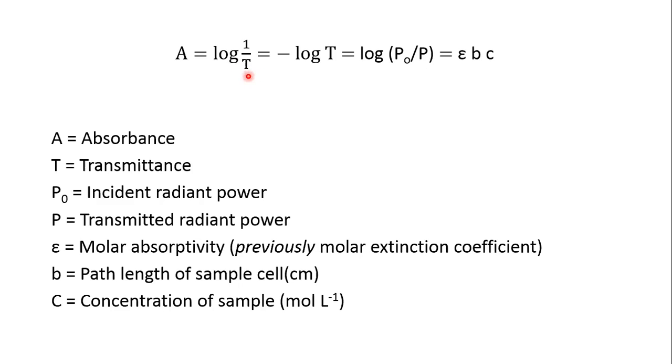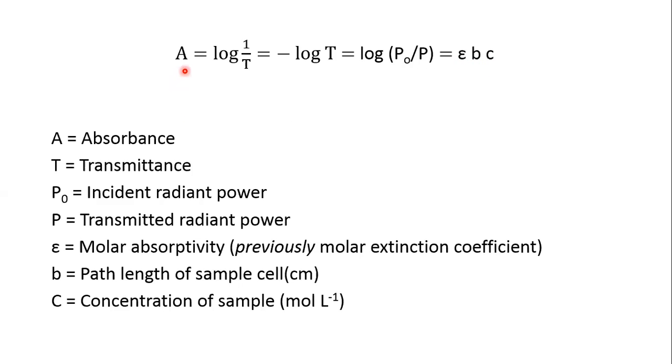This can also be written as negative log T, or absorbance is the log ratio of the power of incident light striking the sample, P naught, divided by P, the power of light transmitted through the sample. So absorbance is log 1 upon T, or negative log T, or log P naught upon P, which is equal to epsilon times b times c.